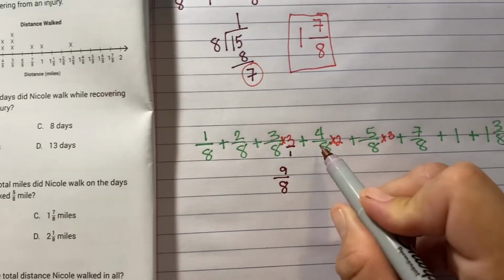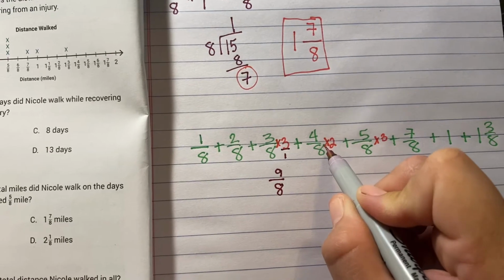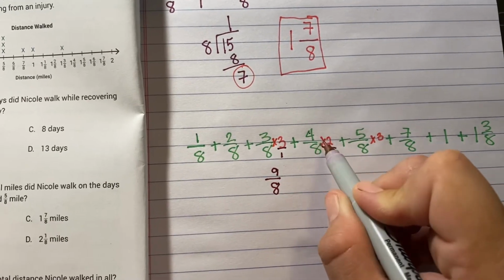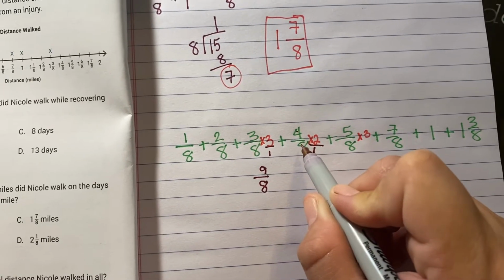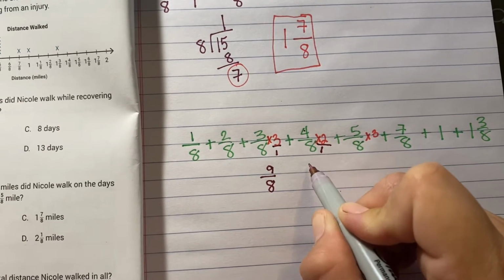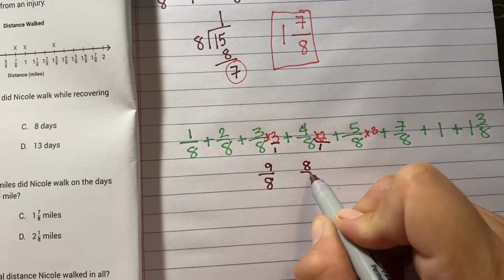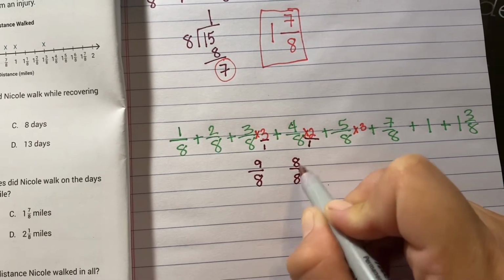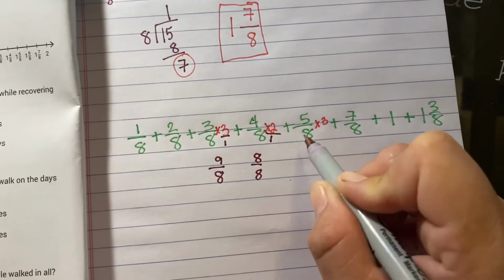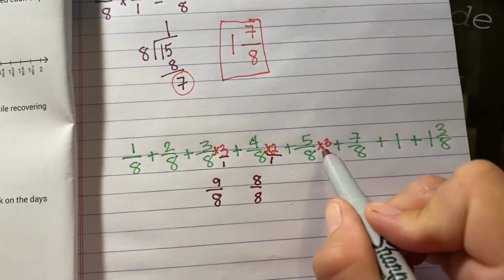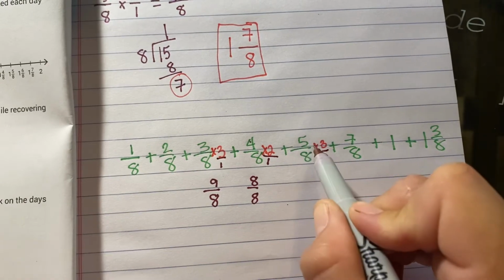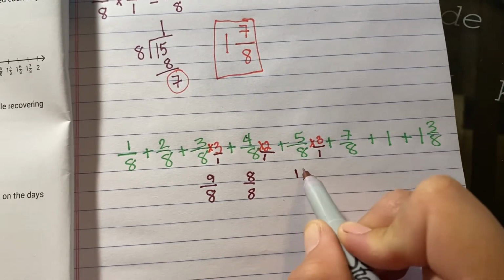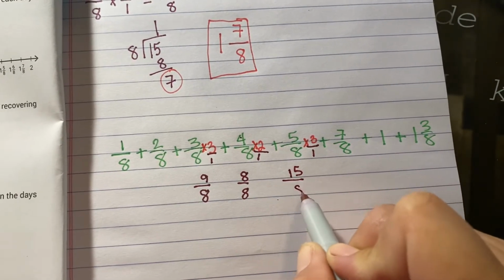Then here, we have 4 times 2 over 8 times 1, which is 8 over 8. You could write that as 1 if you wanted. It doesn't matter either way, we're still going to get the same answer. Here we're going to have 5 times 3, which is 15 over 8.